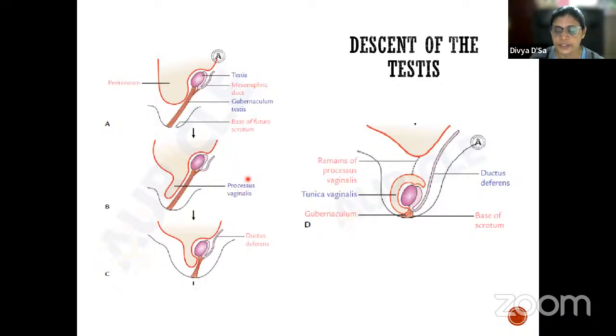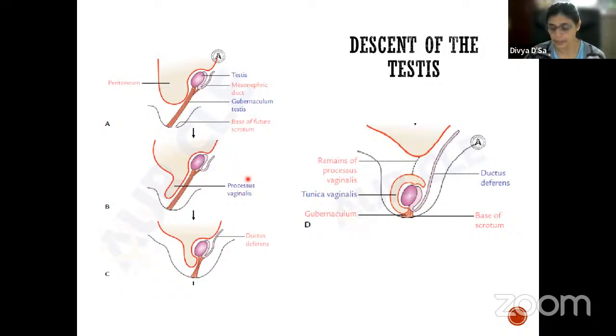It reaches the iliac fossa by about the 4th month of intrauterine life and remains there up to the 7th. During the 7th, it will come to the deep inguinal ring. During the 8th month, it will traverse the inguinal canal, and at birth, it will descend into the scrotum. So that is how the descent of the testis happens.